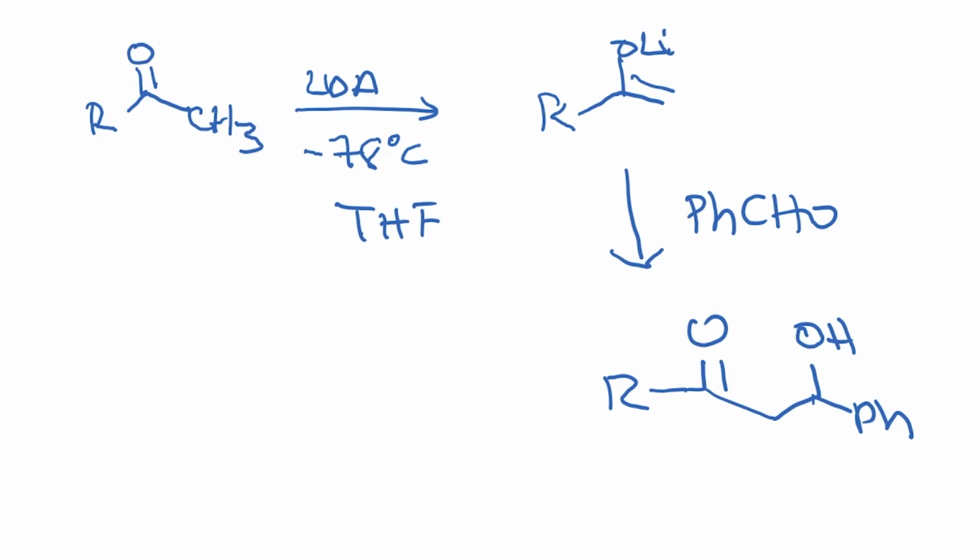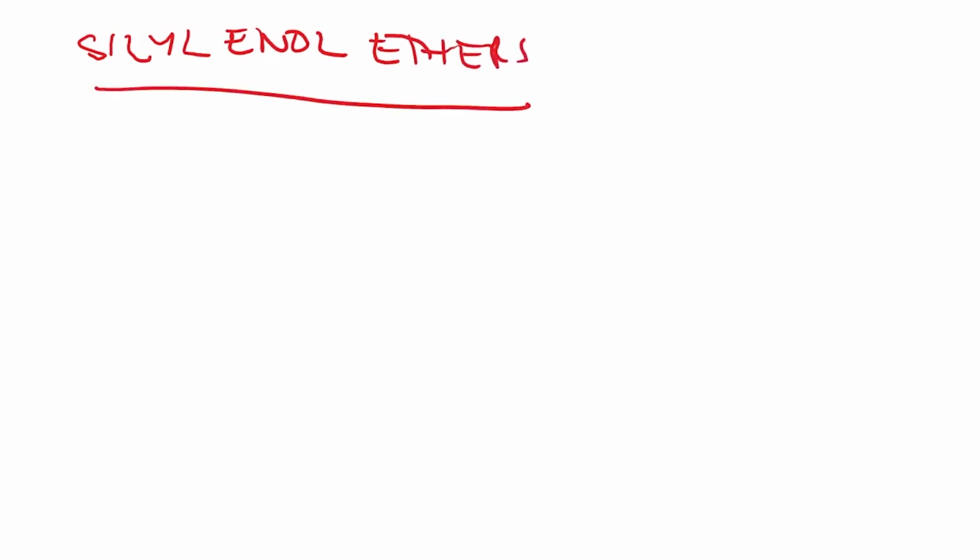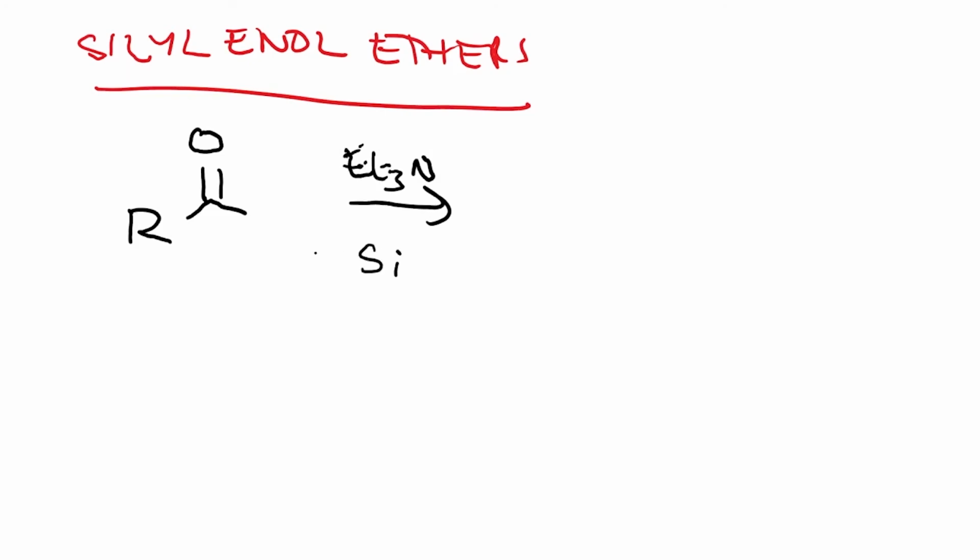So now, in continuation with this topic, we shall now look at how to use what are known as silyl enol ethers. So we've already looked at this in the previous lectures. Silyl enol ethers, we saw them during the production of enols. So the strategy here is that we take a ketone and then react this with triethylamine in the presence of SiMe3Cl, which is trimethyl silyl chloride.